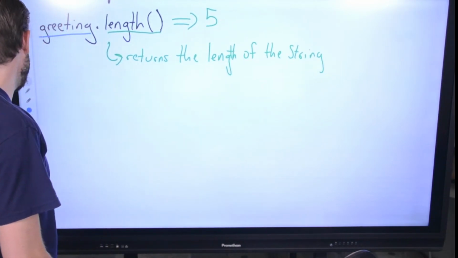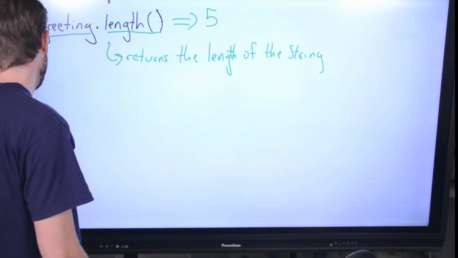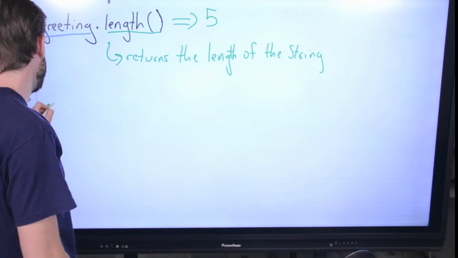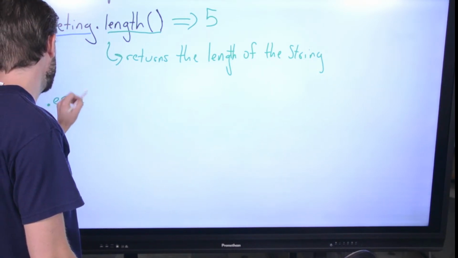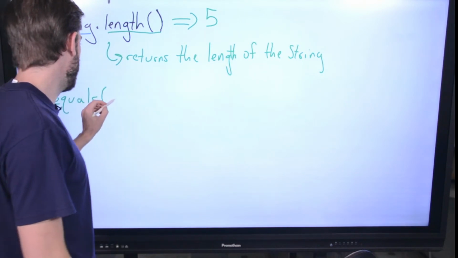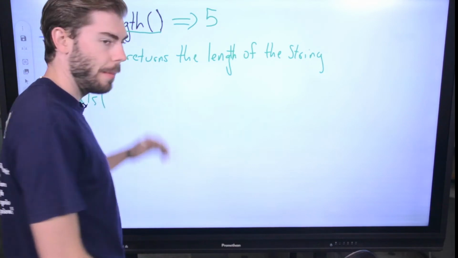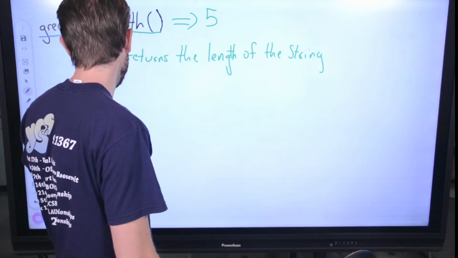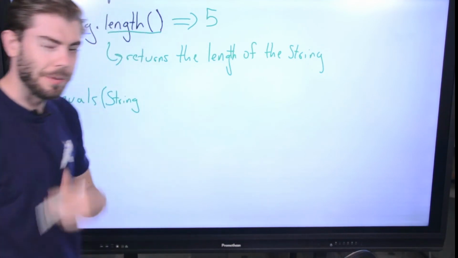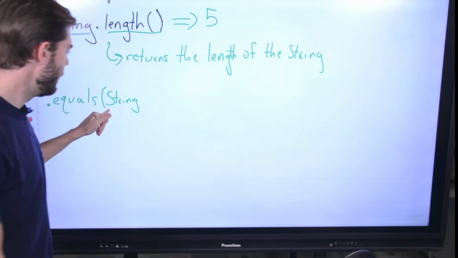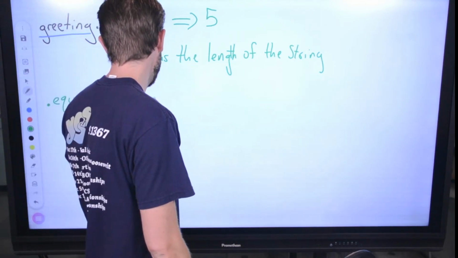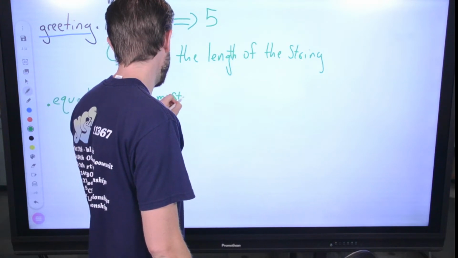So I'll give an example here. And I'm going to go ahead and write it like this for the next few. I'm going to say dot equals, and then we're going to put some other string. So some other string is going to go in here, of type string. When we're defining how a method works, we put the type here, and then we put what goes in here.